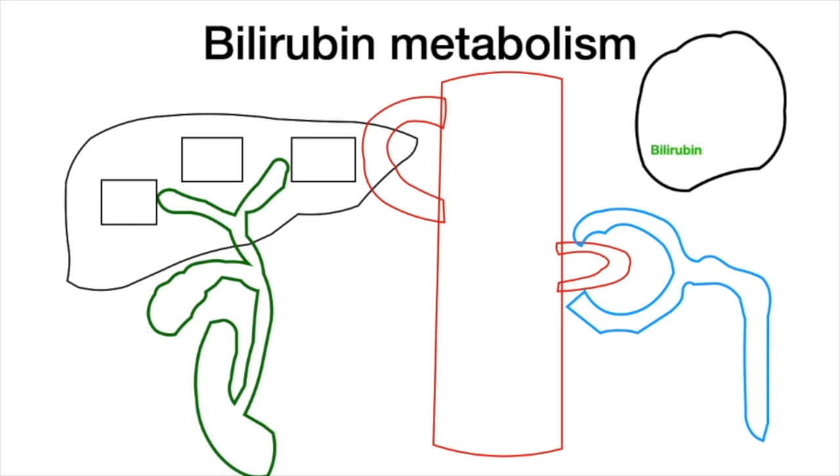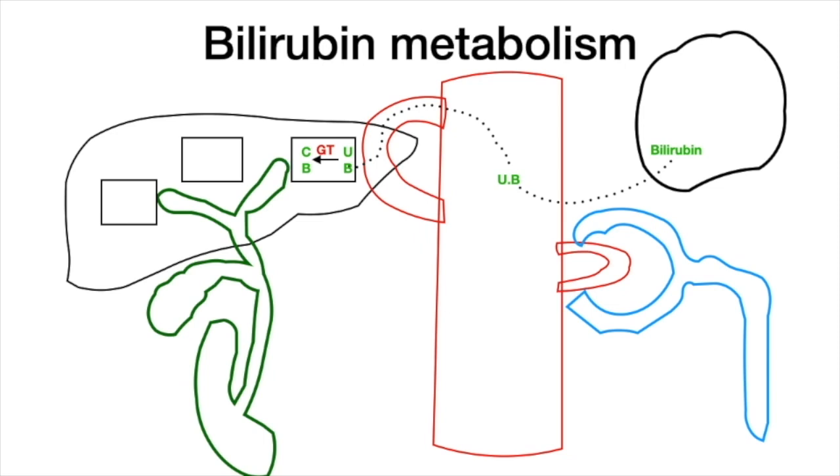From the spleen, bilirubin reaches the systemic circulation, where it is in the unconjugated form, because conjugation occurs only in the liver. From the systemic circulation, unconjugated bilirubin reaches the liver. In the liver cells, unconjugated bilirubin is converted into conjugated bilirubin with the help of the enzyme glucuronyl transferase.